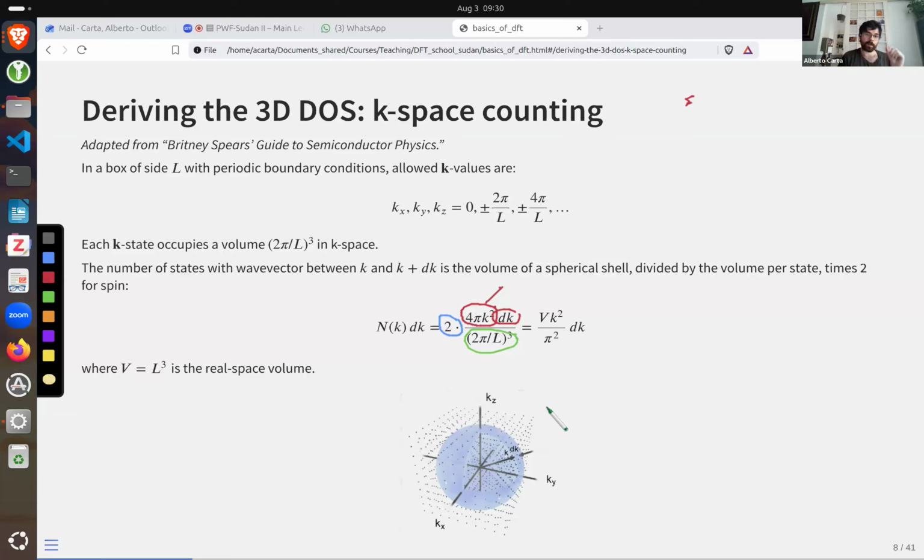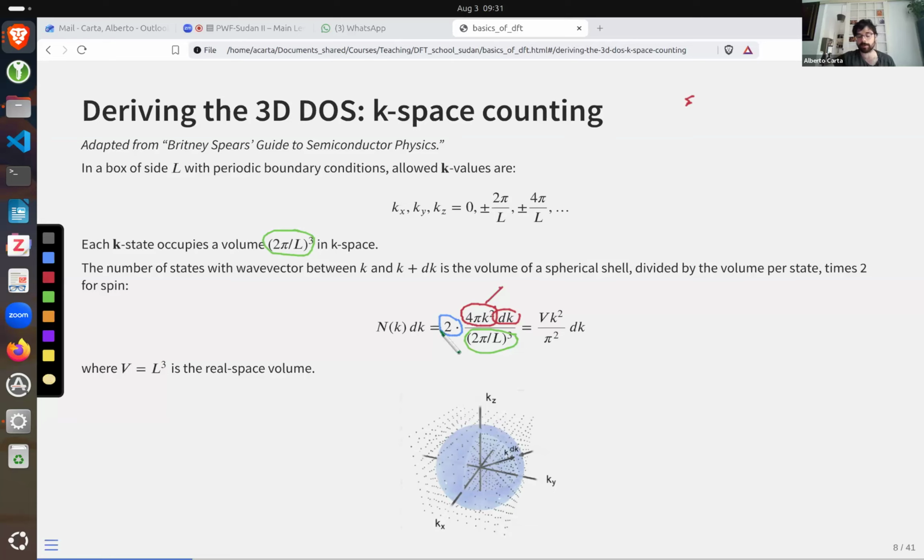If we take a tiny increase in the shell and divide it by the smallest volume possible that we can describe, then what we have is the number of states in that particular shell. If we simplify things, we get to this formula.